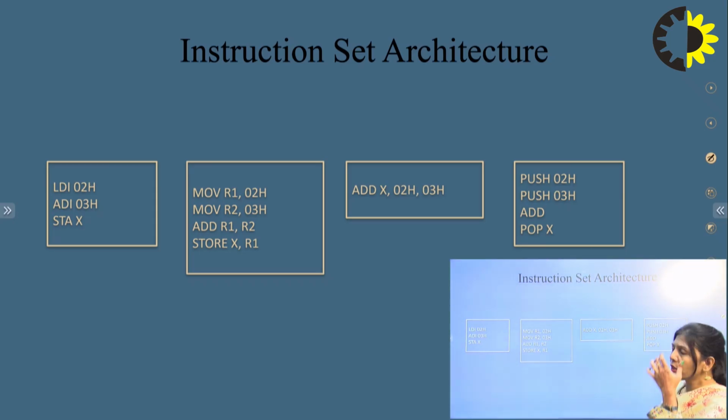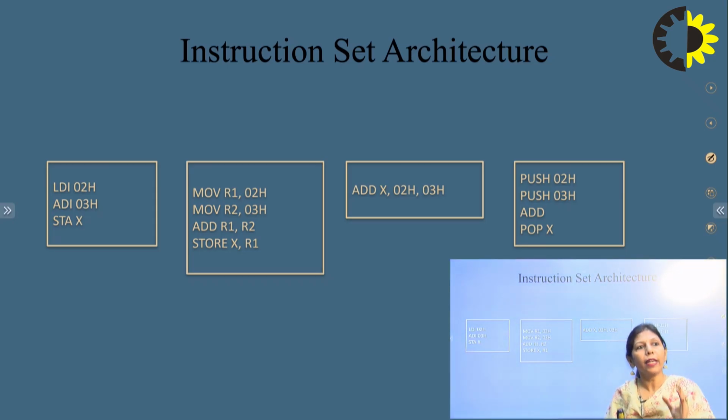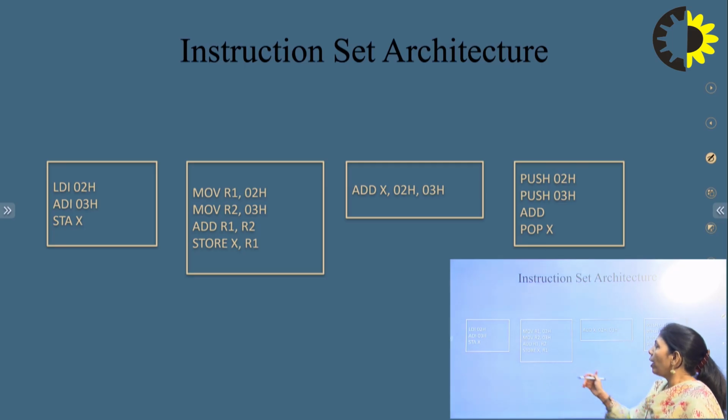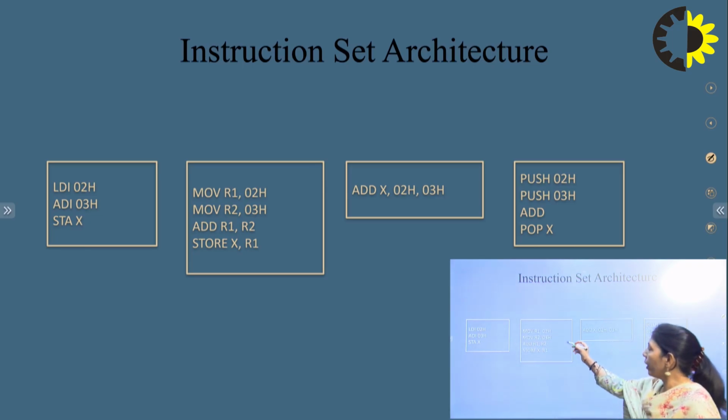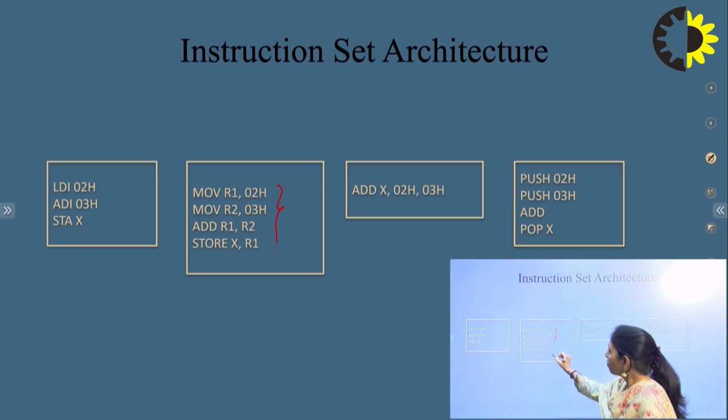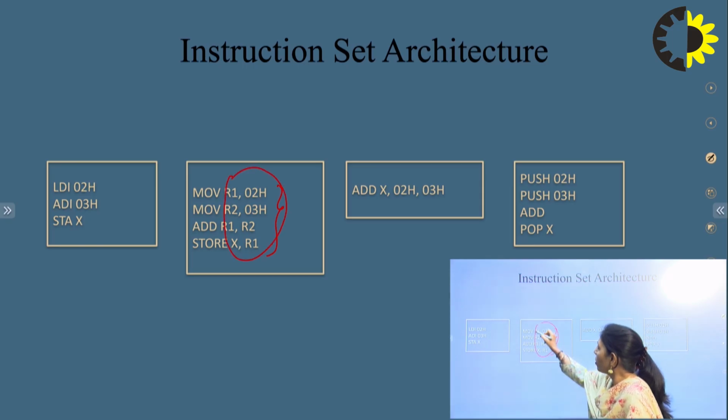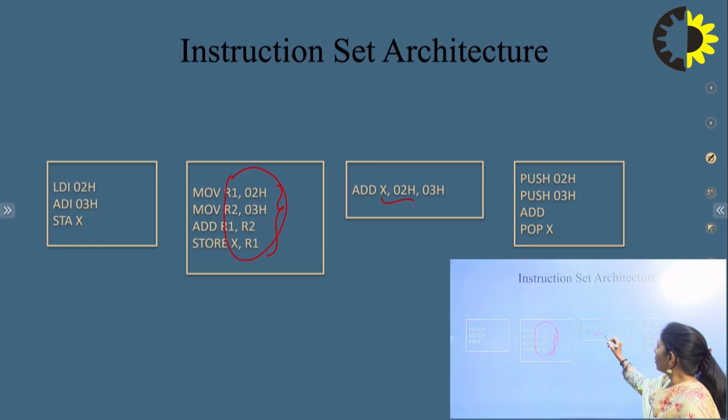The instruction set architecture can use any of the instruction sets. It can use directly the load with the operand, this is the part of the operand, or it can use the 2-register address. Here it is using the 3-register address, or it is just using the stack organization.